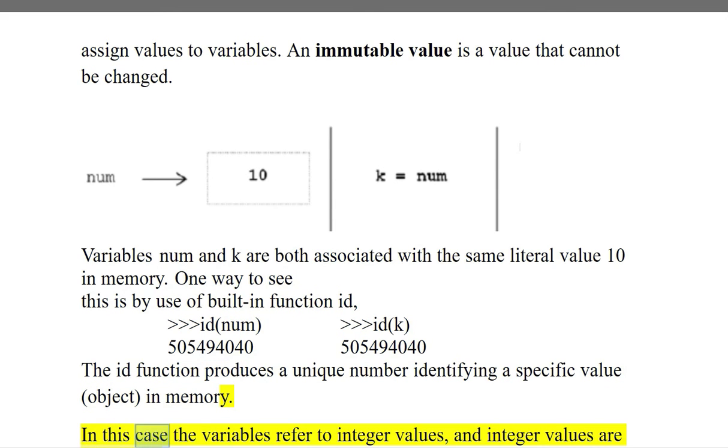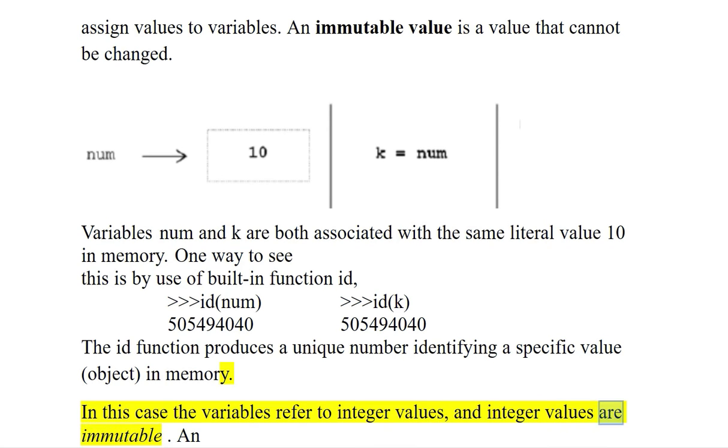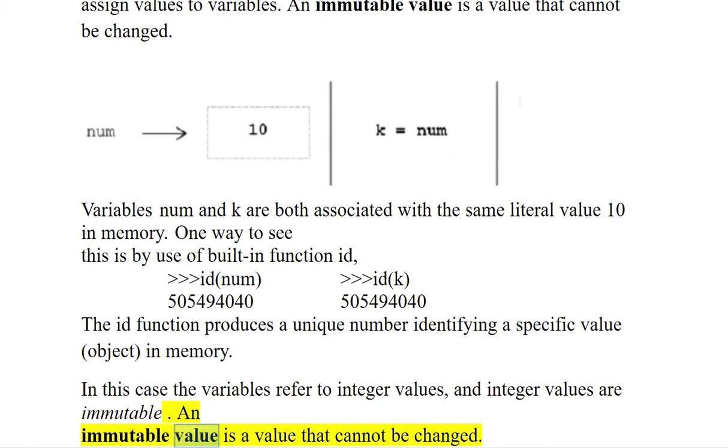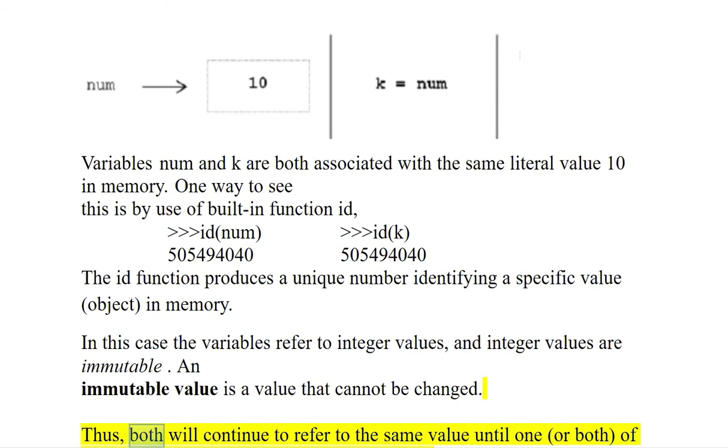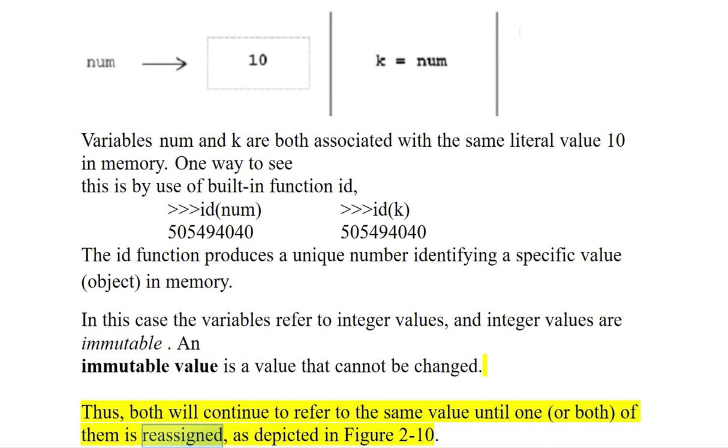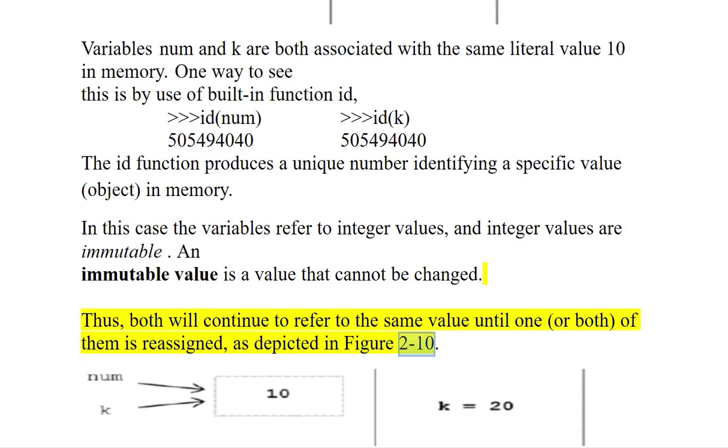In this case, the variables refer to integer values, and integer values are immutable. Thus, both will continue to refer to the same value until one, or both, of them is reassigned, as depicted in Figure 2-10.